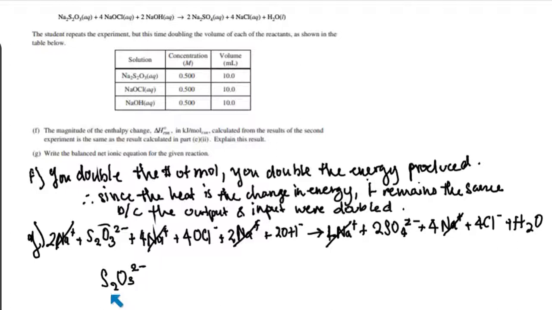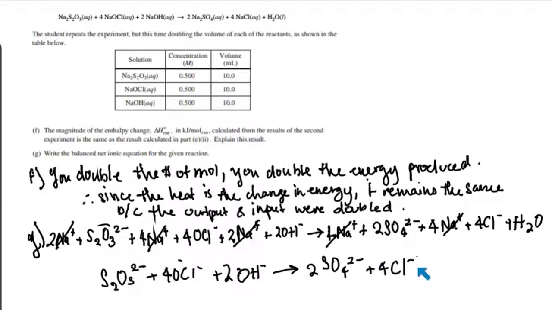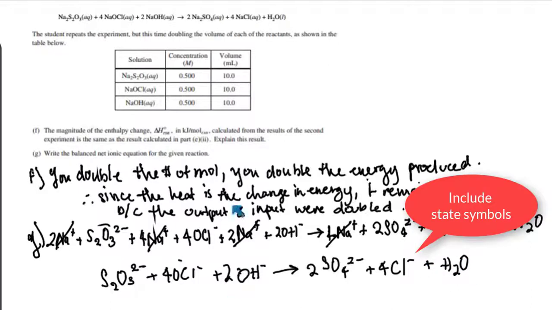So S2O3 2 minus plus 4OCl minus plus 2OH minus goes to 2SO4 2 minus plus 4Cl minus plus H2O.